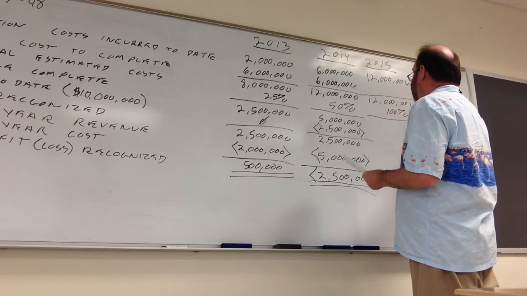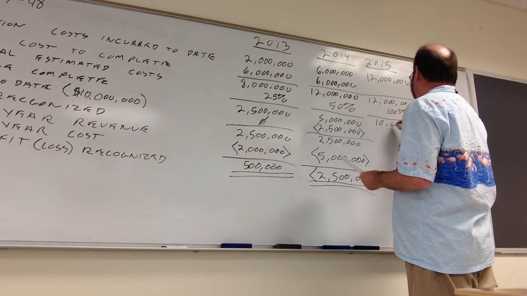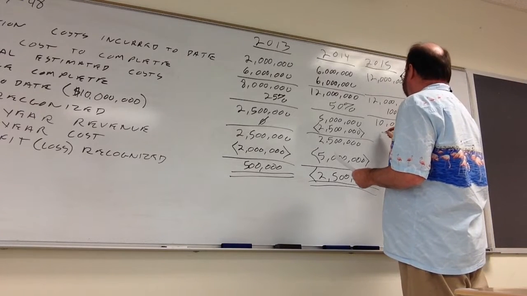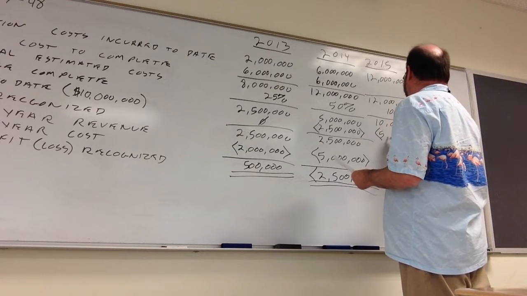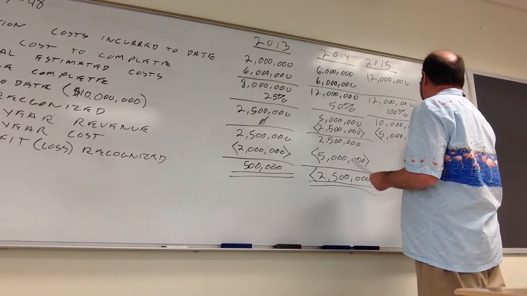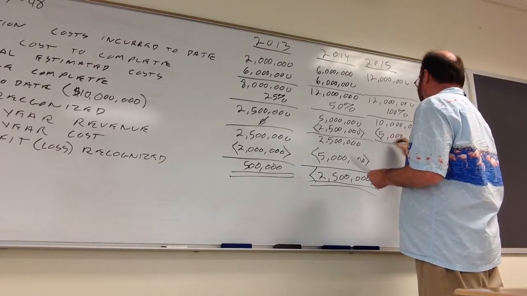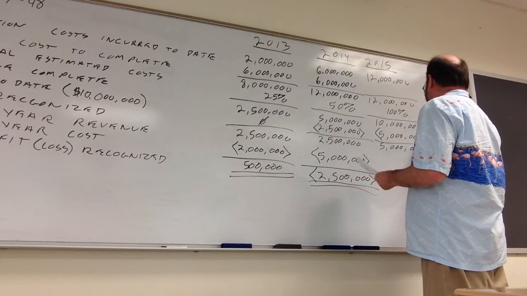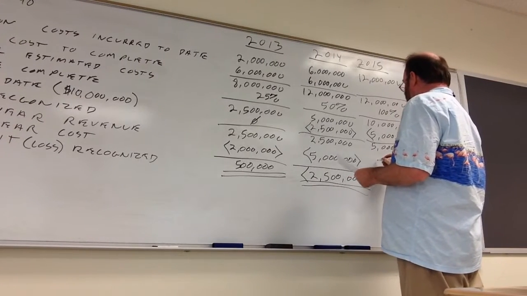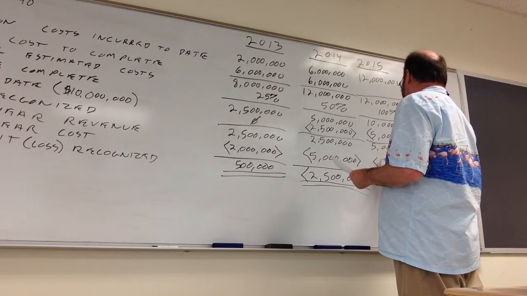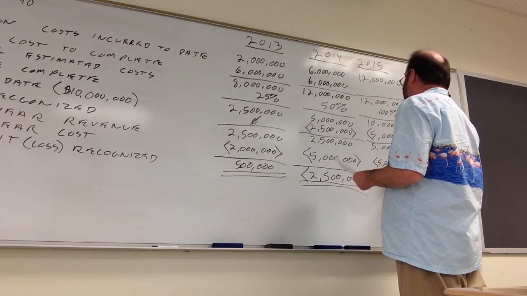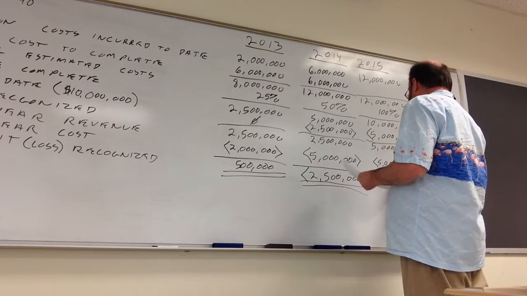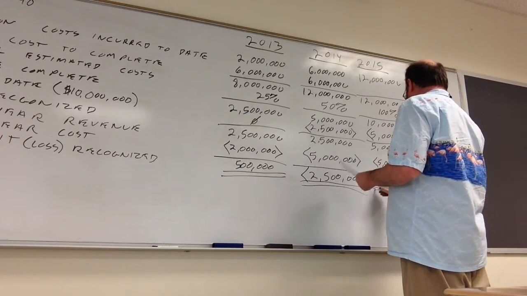You take the full 10. We've taken 5 already, leaving us 5. We only need to accrue $5 million, giving us 0 profit for the final year.